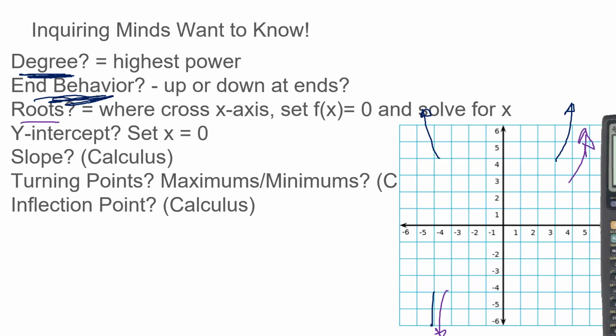The roots remark on what's happening in the middle. So, if I see it do this right here, then I would be inclined to guess that since this has one, two, three roots, that I have a cubic function. It's certainly an odd function, an odd power.